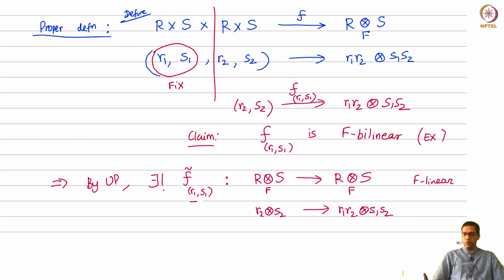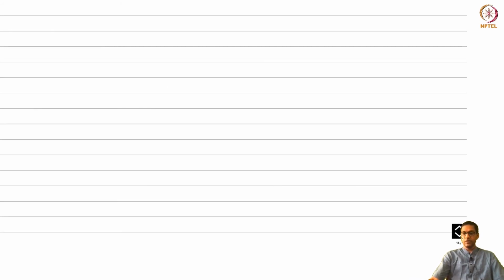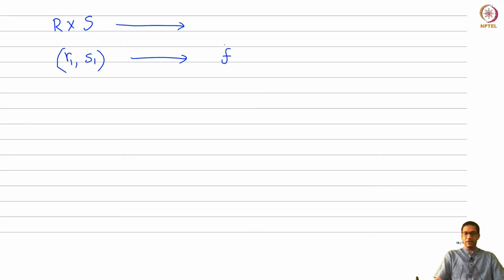Now however this depends on an R1 and an S1 which we have fixed. So we now try to remove that dependence as follows. From R cross S, for each pair R1, S1, I have now defined a map called F tilde R1 S1. Now where does F tilde belong?